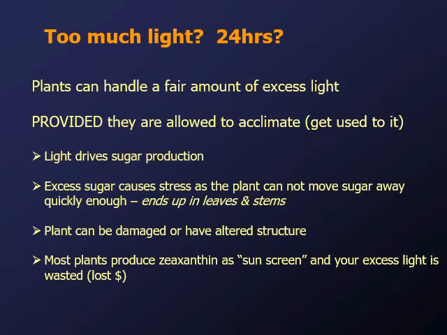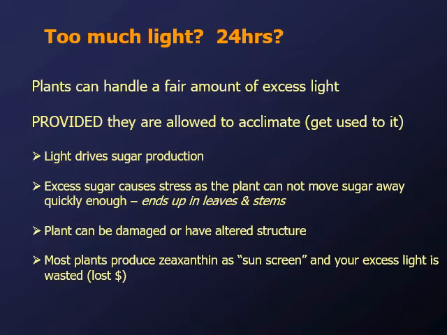So I get this question often about light, saying, is there such a thing as too much light? Or what happens if I leave the lights on for 24 hours straight? Plants can handle a fair amount of excess light. That is true. Sometimes you can stress the plant out, and sometimes stressing the plant out has some desirable effects.